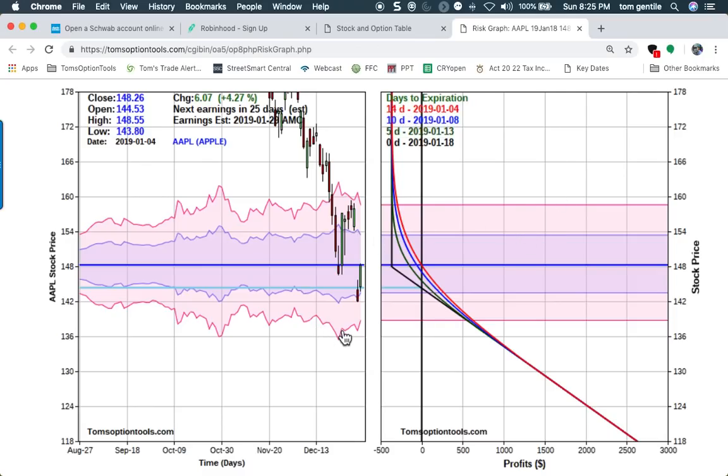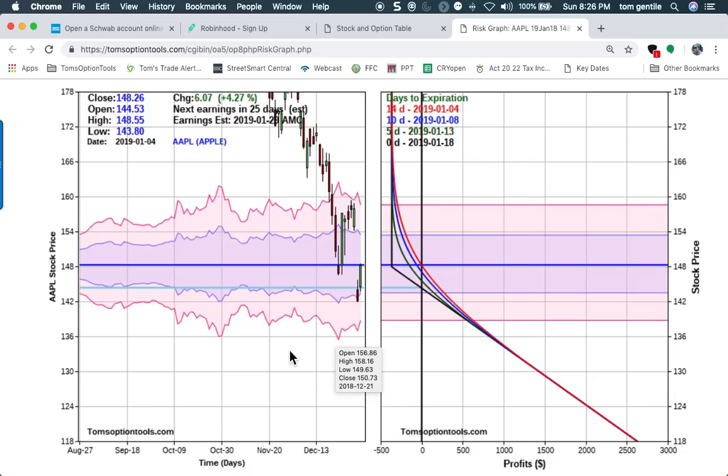But if the stock goes down, let's say it goes down to $140 a share, you're talking about something that could be worth $562, $620. You're talking about something that can more than double in value if Apple stock were to drop about 10 points.